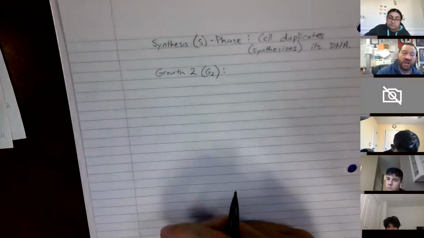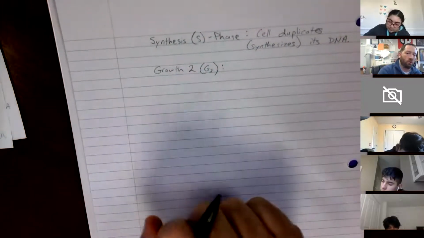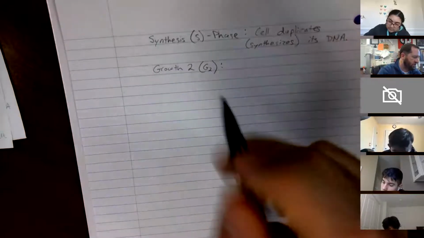After S phase, we have a second growth phase called growth 2, or usually we just symbolize it G2.